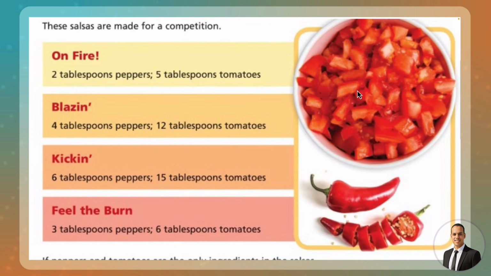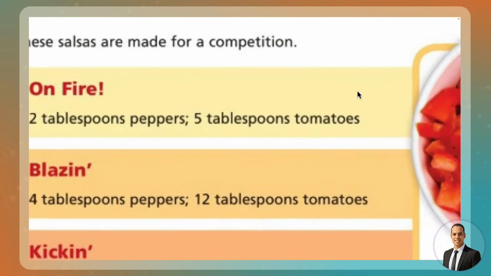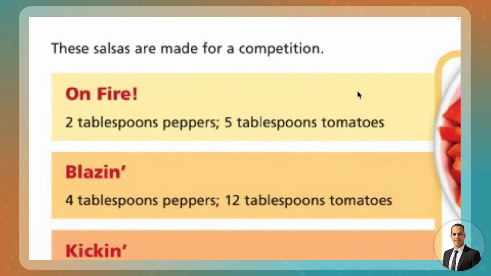In order to make it easier, we can look for the amount of peppers in 1 tablespoon tomatoes in all of the 4 types here. So let's start with On Fire. If we say that, for example, P stands for pepper and T stands for tomato, let's make it like a table here. We'll do the same for all of the 4 types.